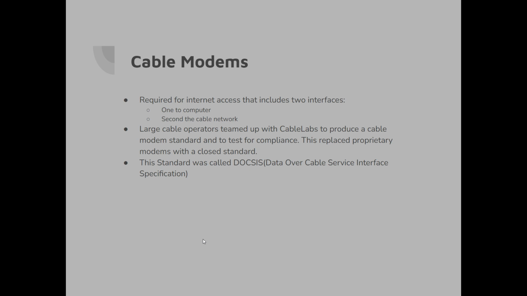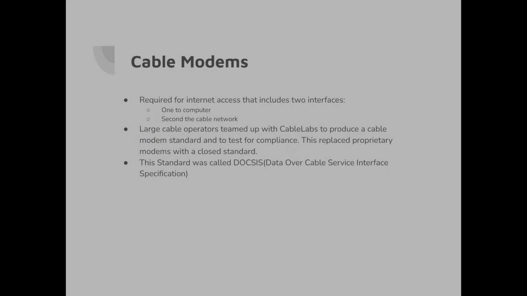All right, so with cable modems, of course, this is needed to access the internet. Cable modems do have two interfaces. One interface would be between the modem and the network provider, and the other would be from the modem to the user's devices. At first, large cable operators had their own proprietary modems.